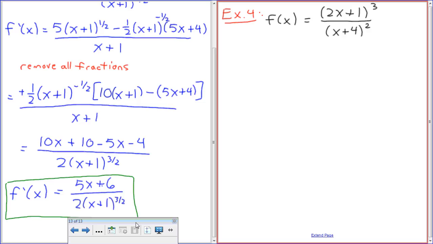This one's not bad. It doesn't look that bad.